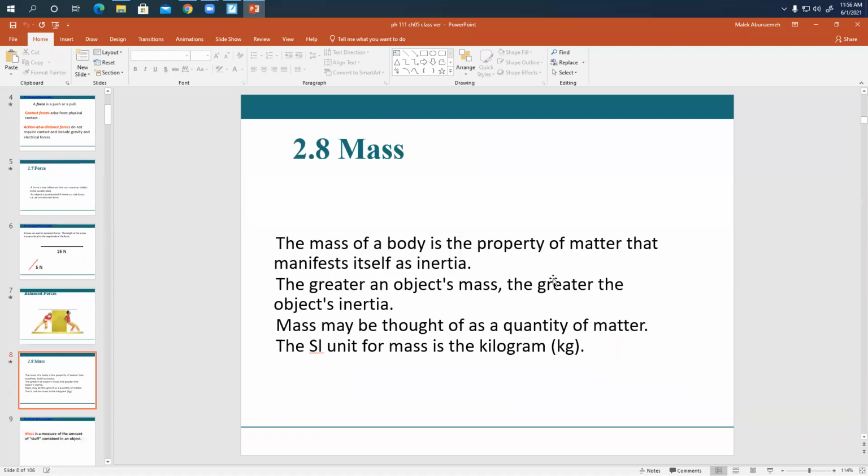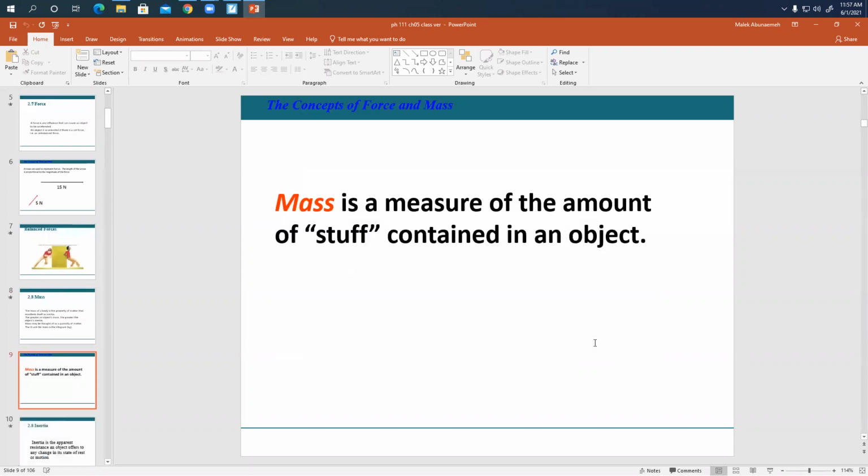And that brings us to the mass. Now, the mass of a body is a property of matter that manifests itself as inertia. The greater the object's mass, the greater its inertia. The unit for mass is the kilogram.